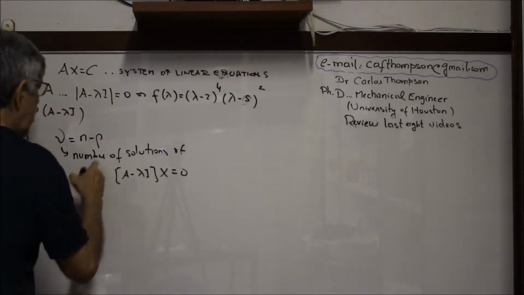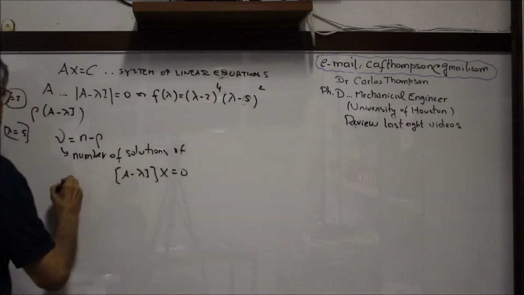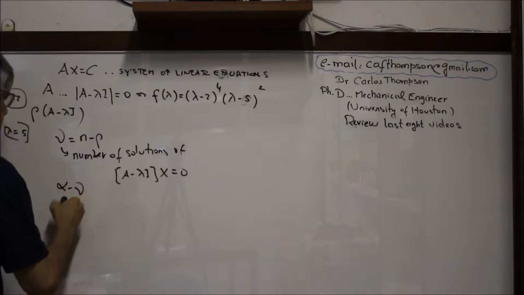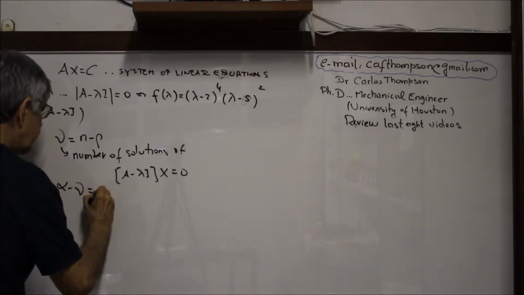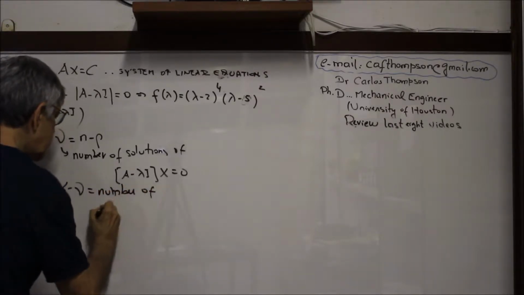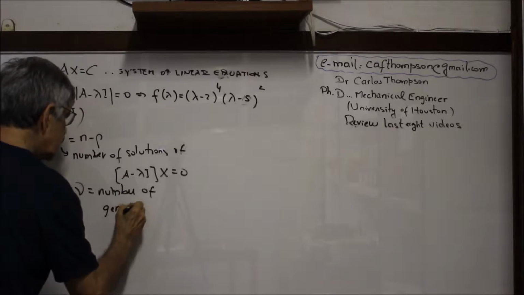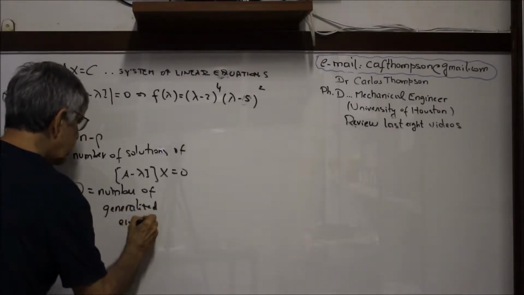Now, from the multiplicity alpha minus the nullity, we get the number of generalized eigenvectors.